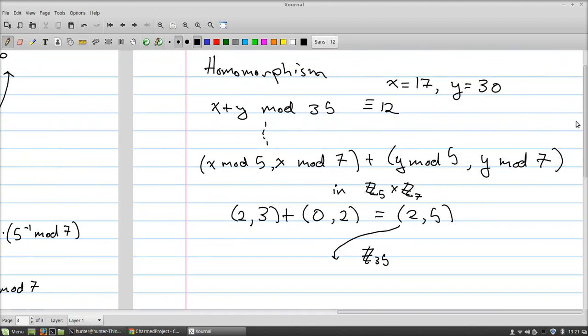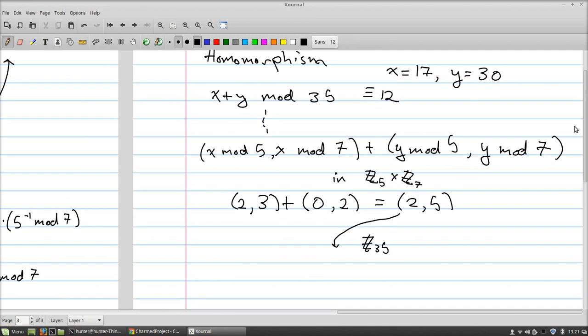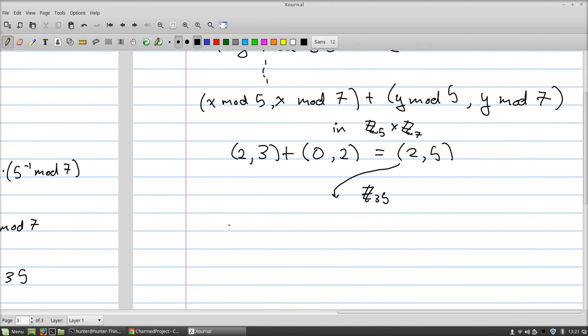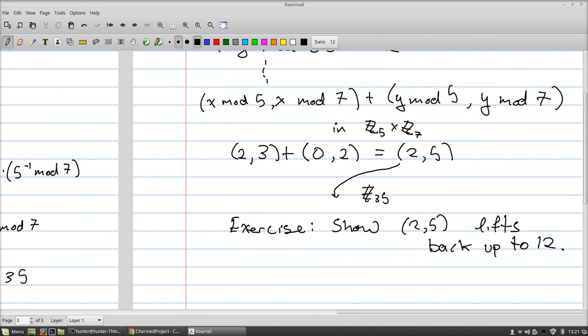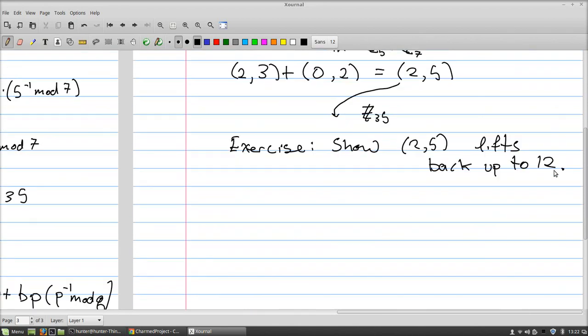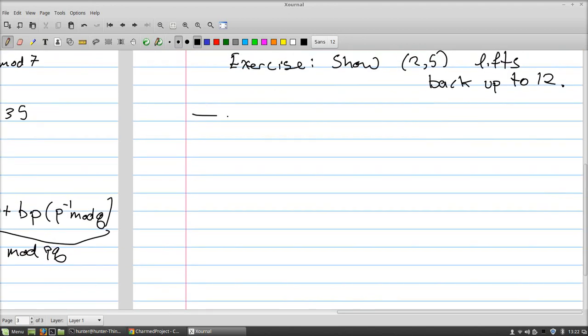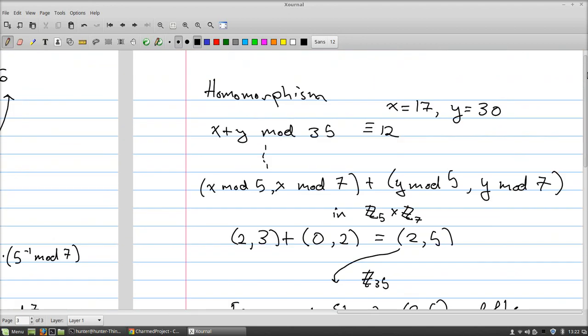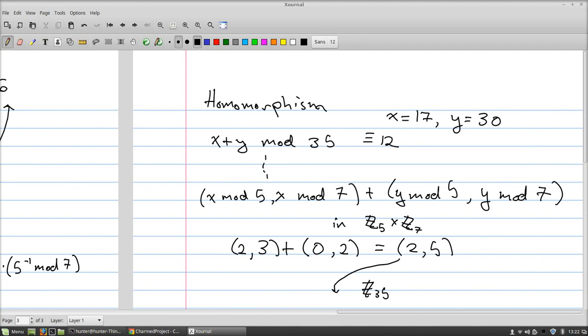So show that the pair 2 comma 5 lifts back up to 12. So that's an exercise. Okay. And I did this example with addition, but the same thing is true with multiplication, and that's what we mean by a homomorphism. So arithmetic mod 35 is really just the same as arithmetic mod Z5 cross Z7.